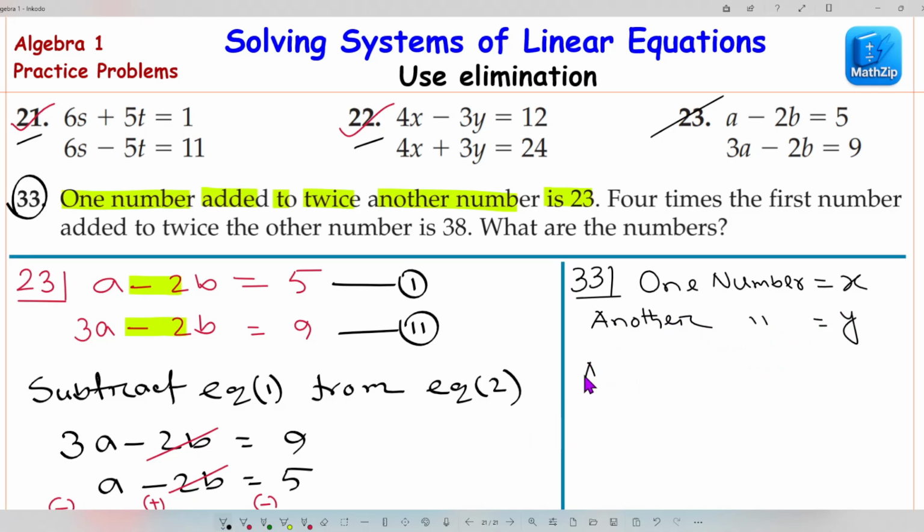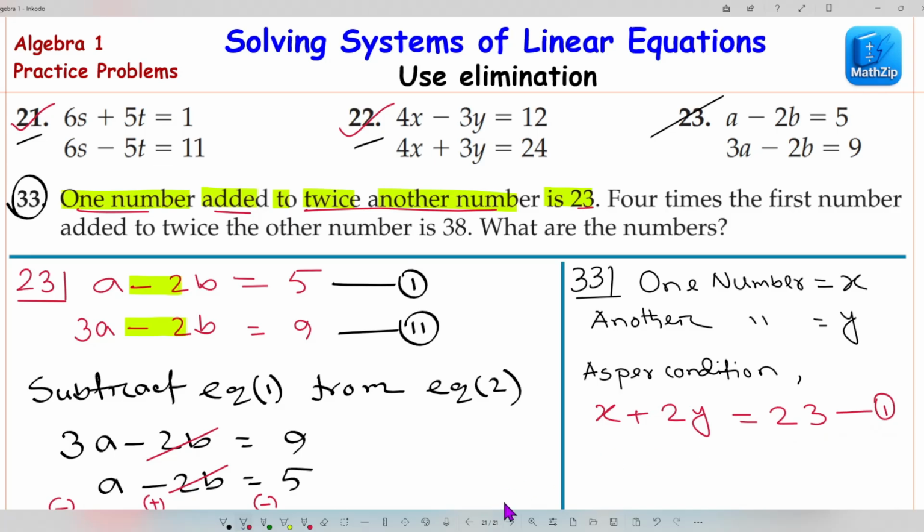So as per condition, look, one number added, so one number is x, added twice another number, so twice y becomes 2y is 23, so x plus 2y becomes 23. We can consider this one as equation 1.